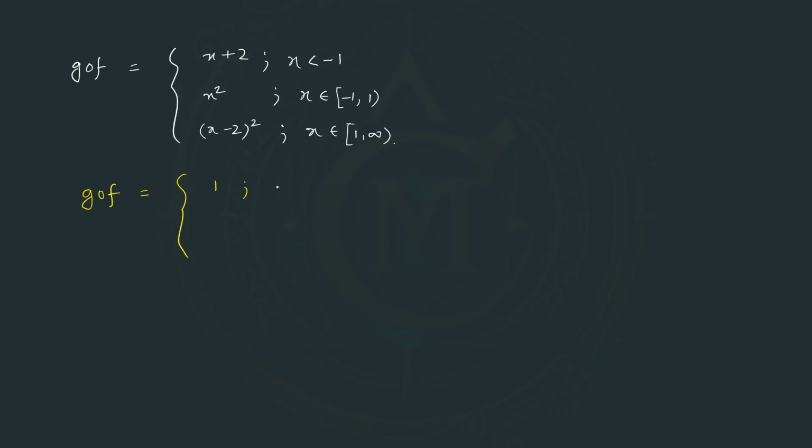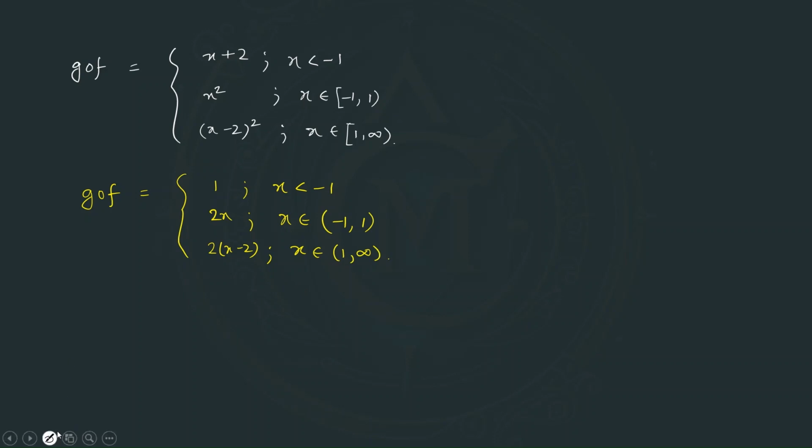It will be 1 when x is less than minus 1, and then it will be 2x when x belongs to open minus 1 to open 1, because when we differentiate we remove the equality at the end points of the intervals. So it will become this, and then 2 times x minus 2 when x belongs to open 1 to infinity.